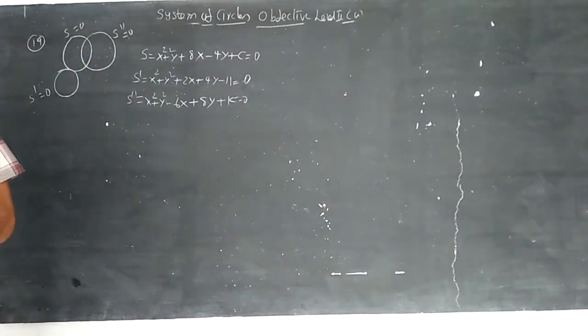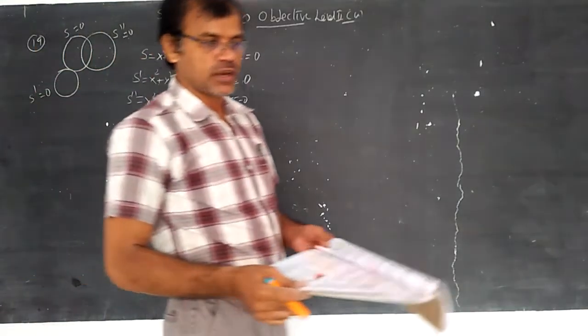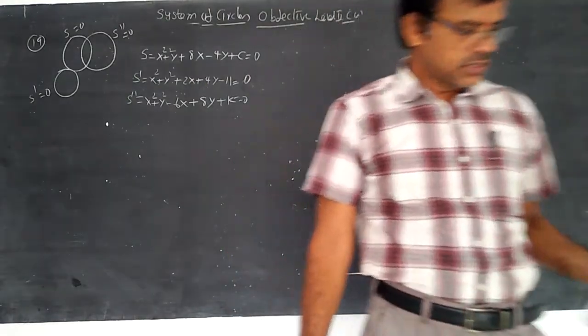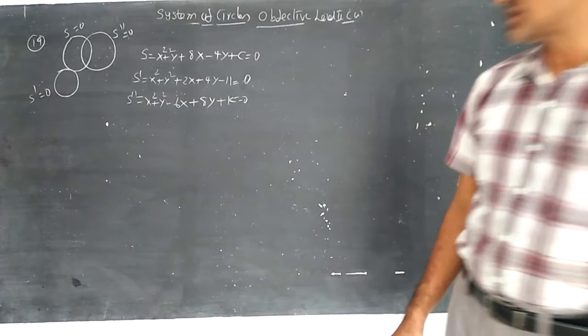Now what is happening? The first circle and second circle touch each other externally, and also the first circle is orthogonal to the third circle.